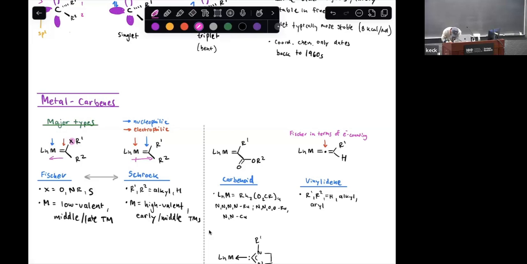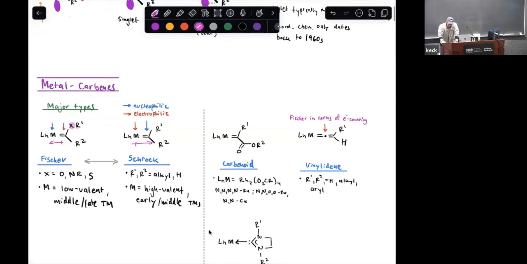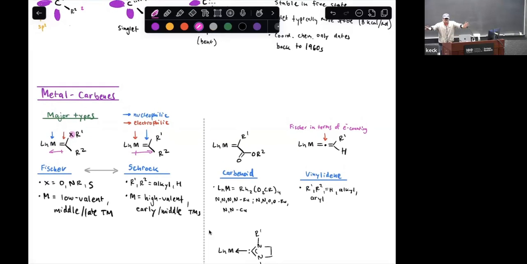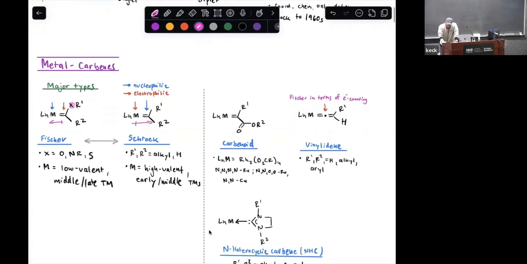You have a more electronegative metal that is competing harder for electron density, and this starts to then look more like a carbonyl type bonding interaction. So those are the two, and so the Fischer type, we're going to count the carbene as an L-type ligand, Schrock type, we're going to count it as an X2 type ligand. That's the upshot of what I'll tell you in a moment.